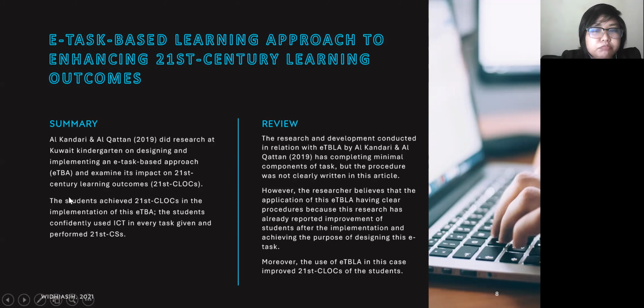The result of this research showed that the students achieved 21st century learning outcomes in the implementation of this ETBA. The students confidently use ICT in every task given and perform 21st century skills.